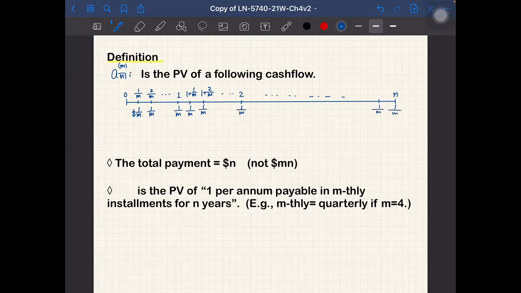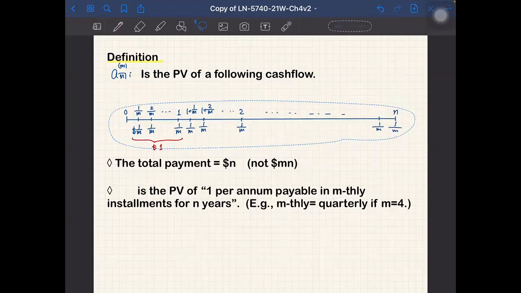So the notion is that we have $1 payment per year. If we consider the total payment during 1 year, that is $1. And this a angle n superscript m is the present value of this annuity.